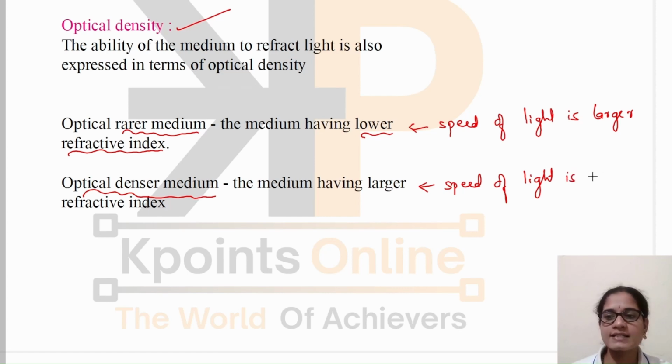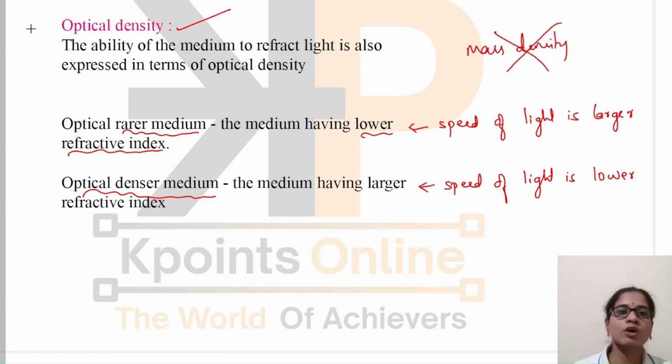The speed of light is lower in an optical denser medium, and it is not related to mass density. This optical density is nowhere related to mass density. It is only related to the ability of that medium to refract light.